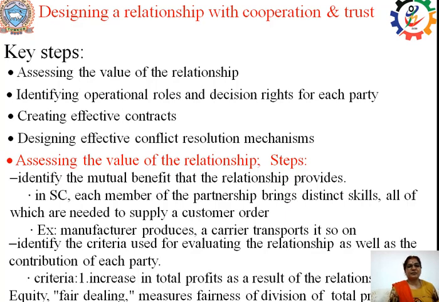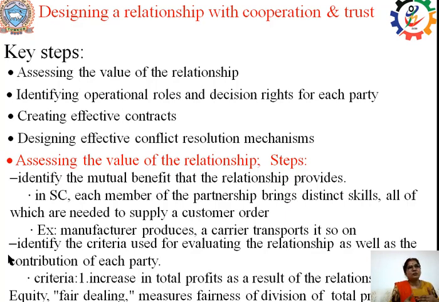For example, the manufacturer produces, the carrier transports, and the retailer provides the availability of the product to the customer. If any one of the stages is not there, the complete supply chain gets disrupted. So identify the criteria. Each one should value the relationship, no? So identify the criteria through which you can evaluate the relationship.